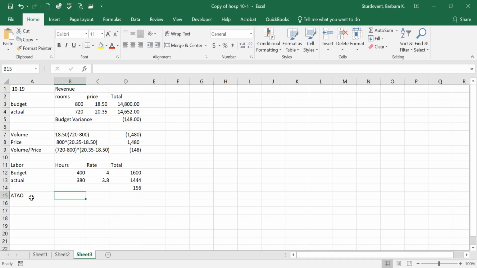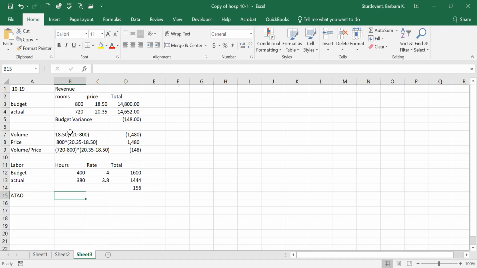Can anyone try and figure out what the standard would be based on the information we have? What do you think? Any guesses? The budgeted rooms divided by the budgeted hours. Correct.